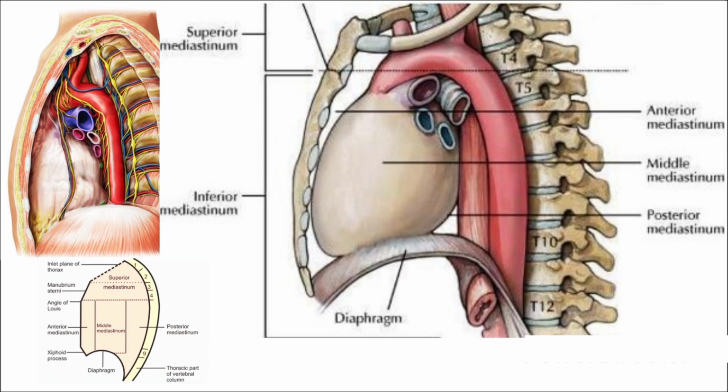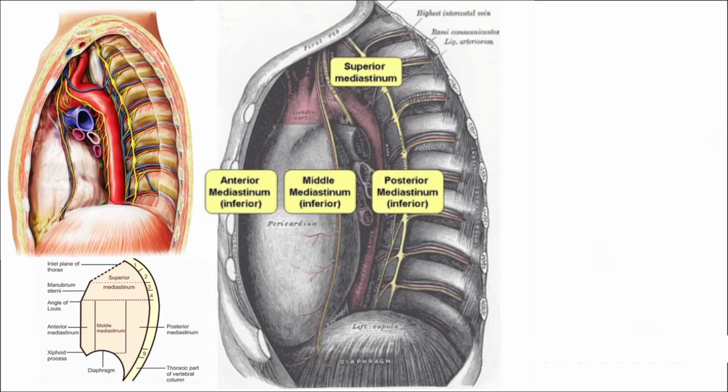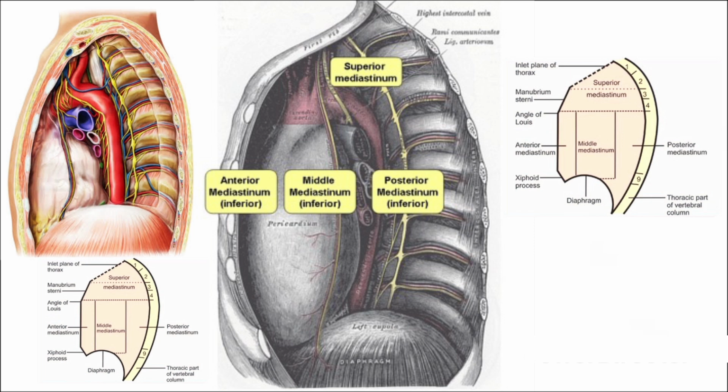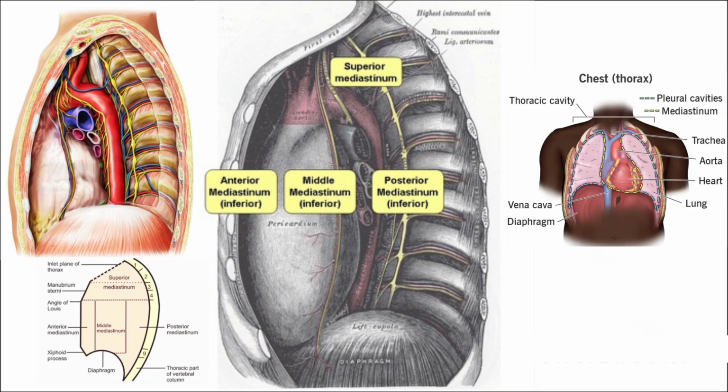Inferior mediastinum, that is lower part of mediastinum. Again this lower part is divided into three parts. That is anterior, it means front part, middle means center part, posterior means back part. Okay. The lower part is divided into these three parts.